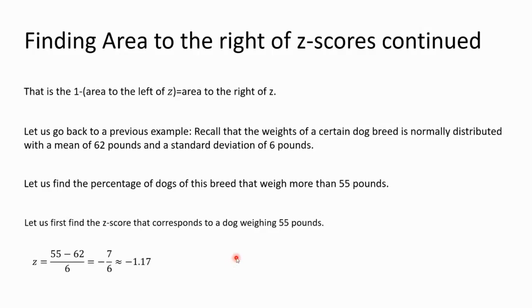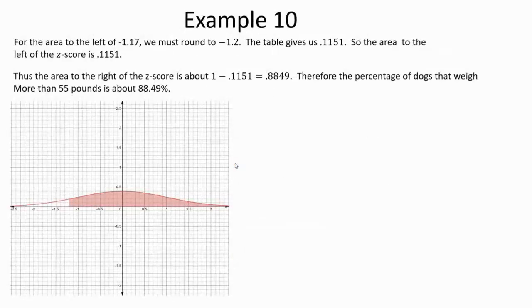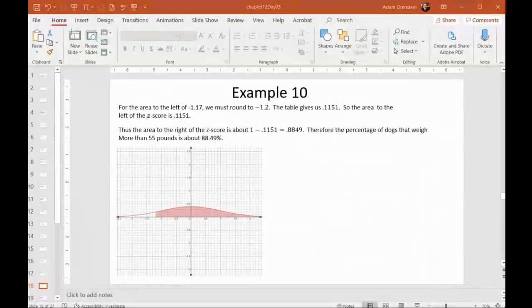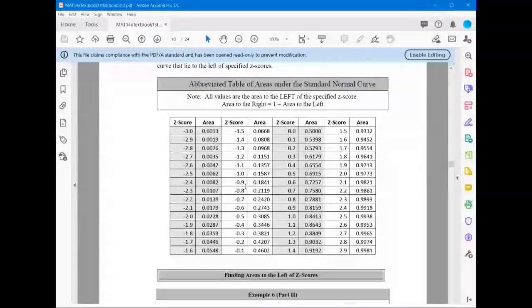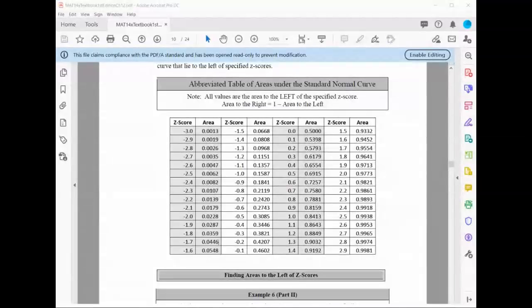Okay, so now what do we do? Well, if we went to the table, let me get back to the table. See if I can share it again. So we had negative 1.17, but notice again, that's not in here, right? So what do we do? We round. We're going to round to negative 1.2.